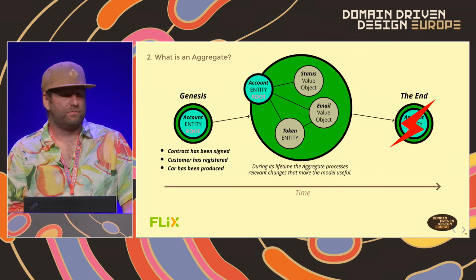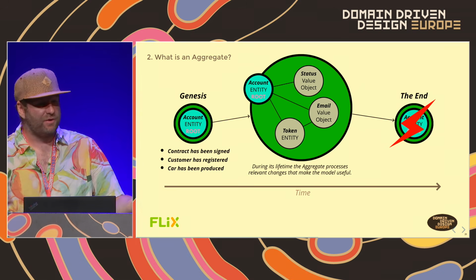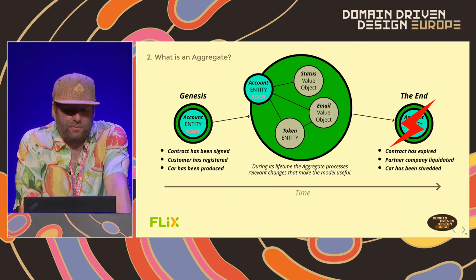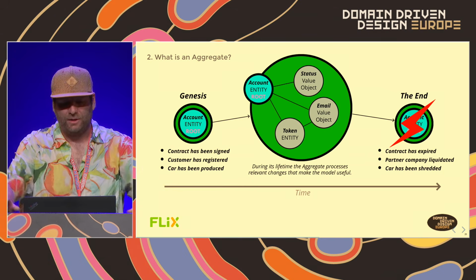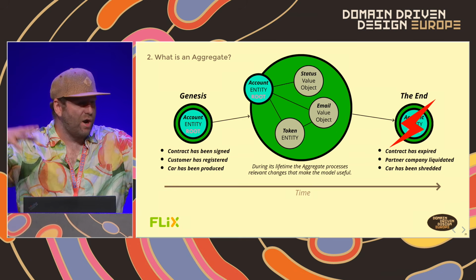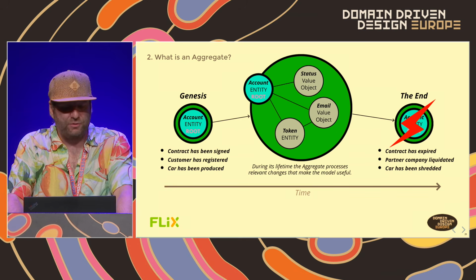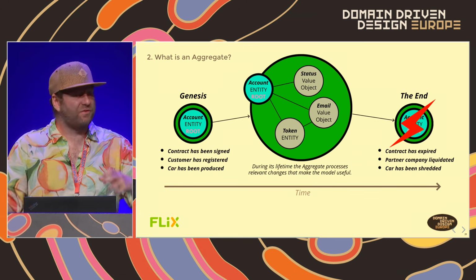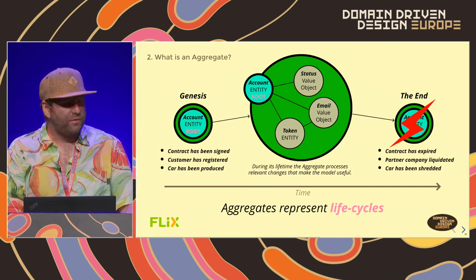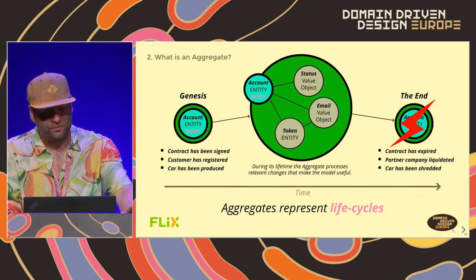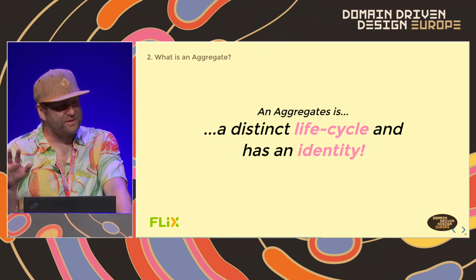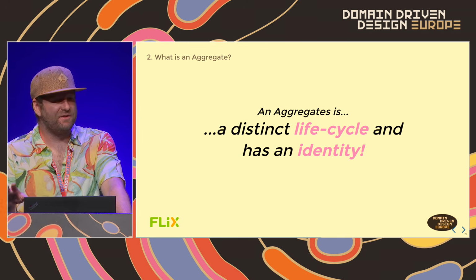So it's not just born and then lives forever, but often there is an end. For example, a contract has expired, or a partner company was liquidated, or a car has been shredded, right? So there is this kind of life cycle that aggregates have. So they represent life cycles. So an aggregate is a distinct life cycle, and it has an identity.